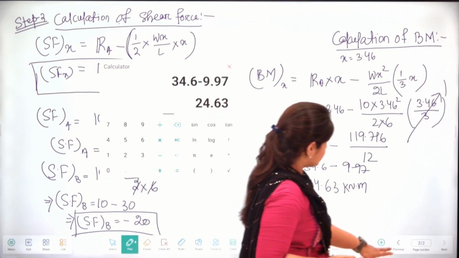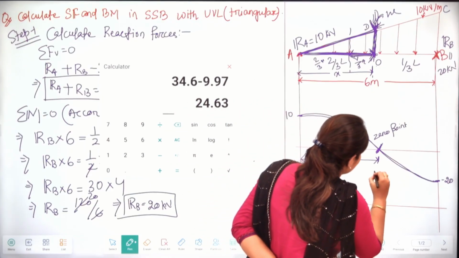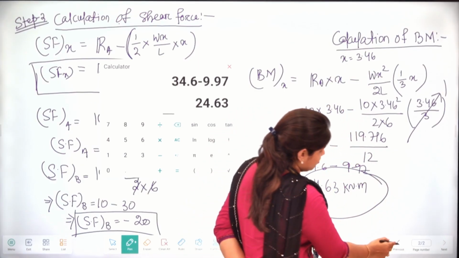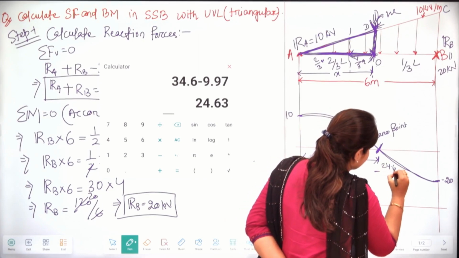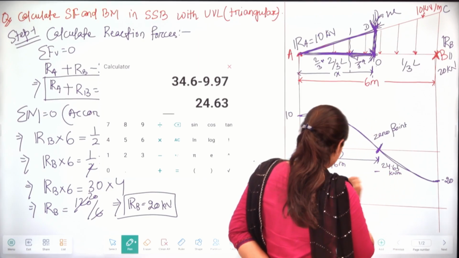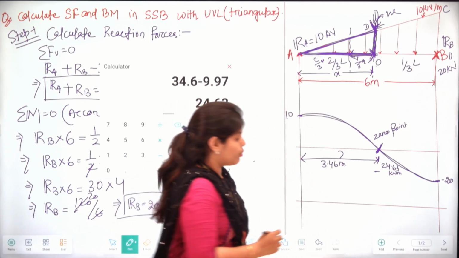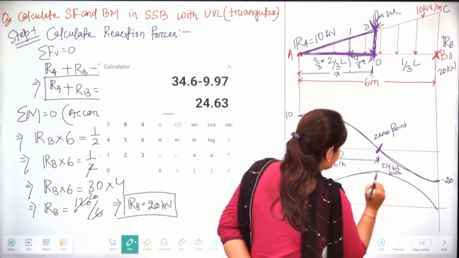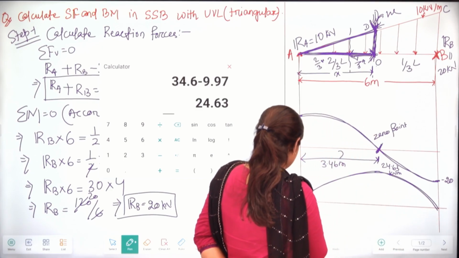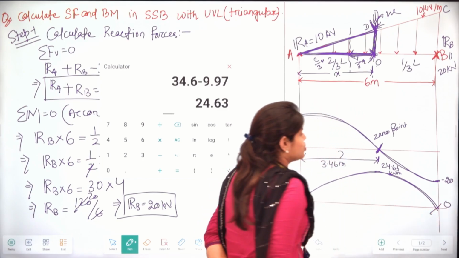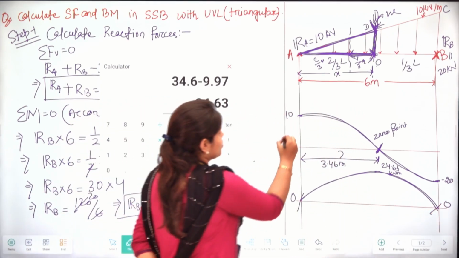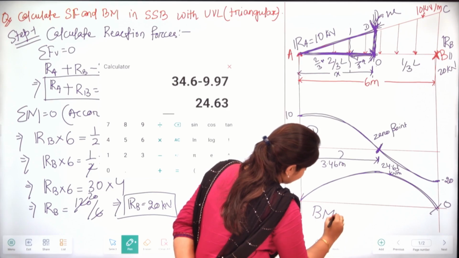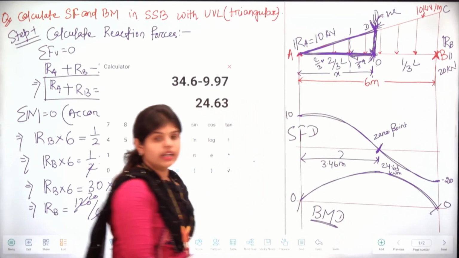So the bending moment at this point is 24.63 kilonewton meter, and at the end supports the bending moment is 0. So this is the peak point, and here 0 and 0. This is your SFD, the shear force diagram, and here is your bending moment diagram for this UVL.